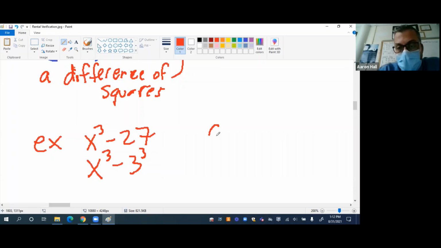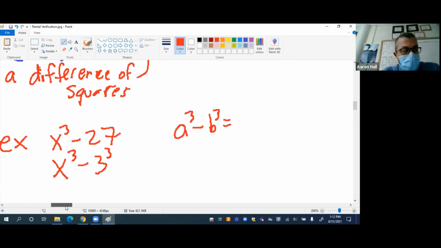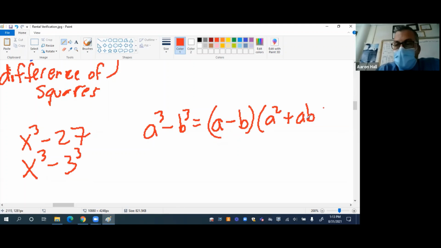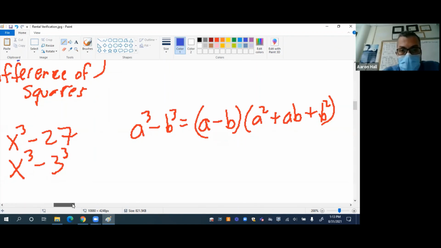Now, this is the formula. If I have some a to the power of 3 minus b to the power of 3, then I can rewrite this as a minus b times a squared plus ab plus b squared. I know that looks ugly, but the best way to prove this is by distributing.